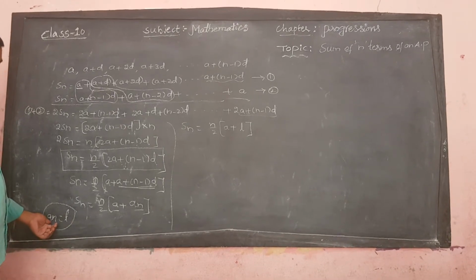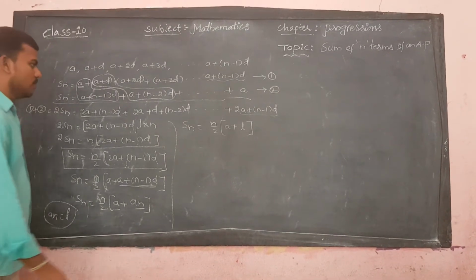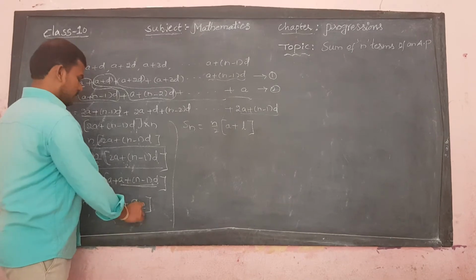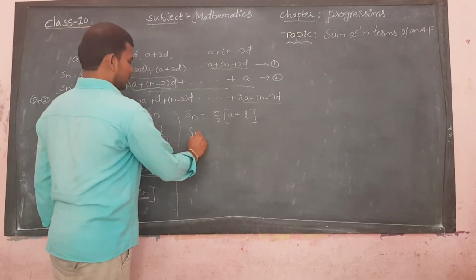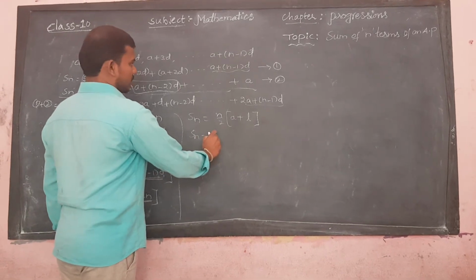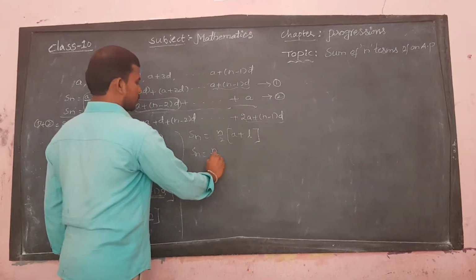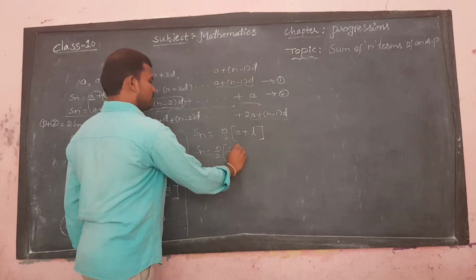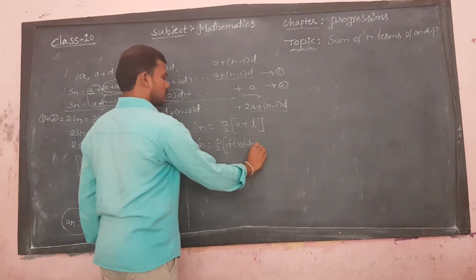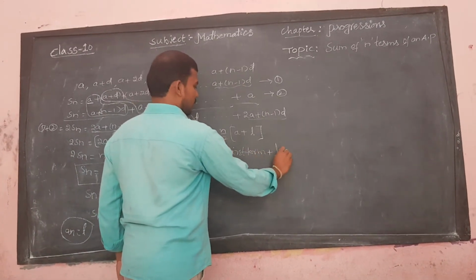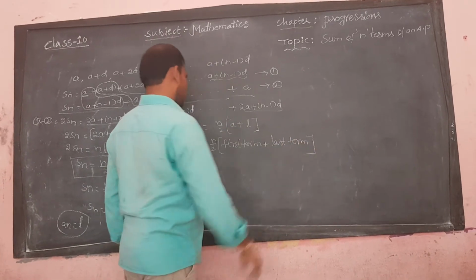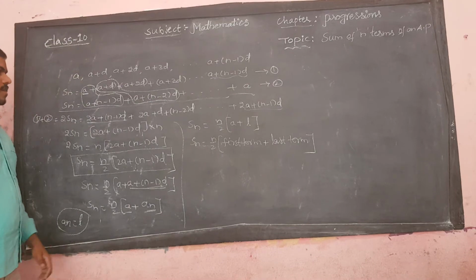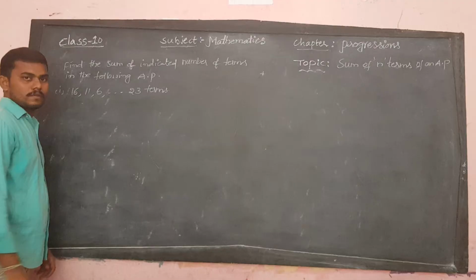So we conclude that the sum of n terms of an AP, Sn, is equal to n by 2 into (a plus l), where a is the first term and l is the last term or nth term.